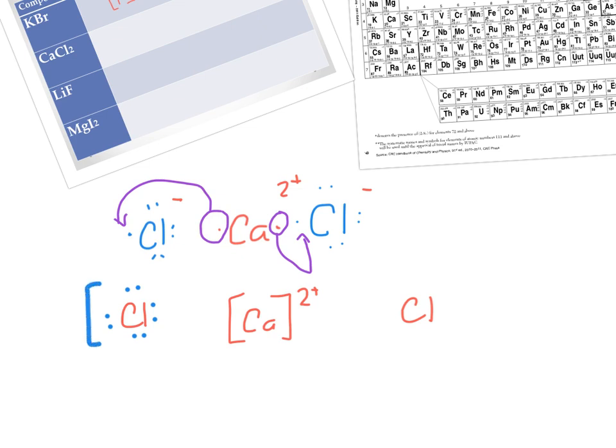We draw the bracket, and that's a negative charge. Same thing over here, a full octet with the bracket and a negative charge so that it gains an electron each. And this right here is the Lewis dot structure for calcium chloride.